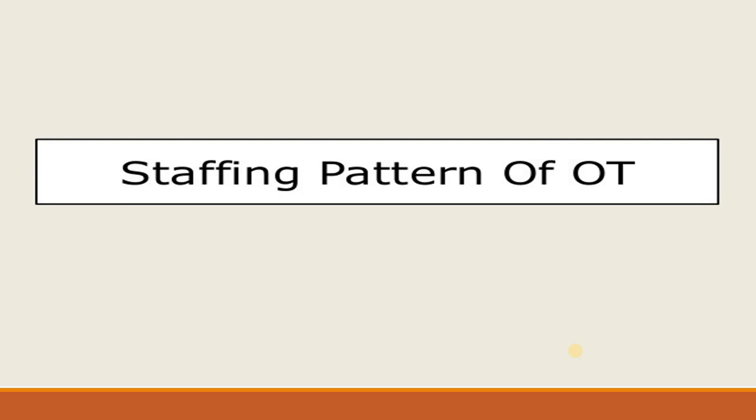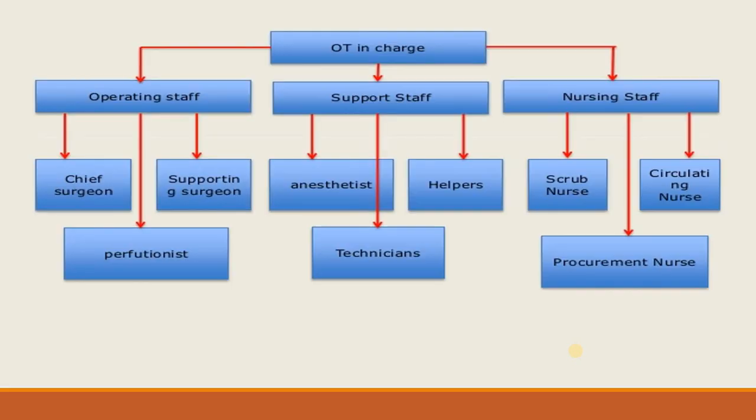Next one is staffing pattern. It is also a very important point. Staffing pattern in an OT. The staffing hierarchy in an OT is shown in the chart given in the slide.